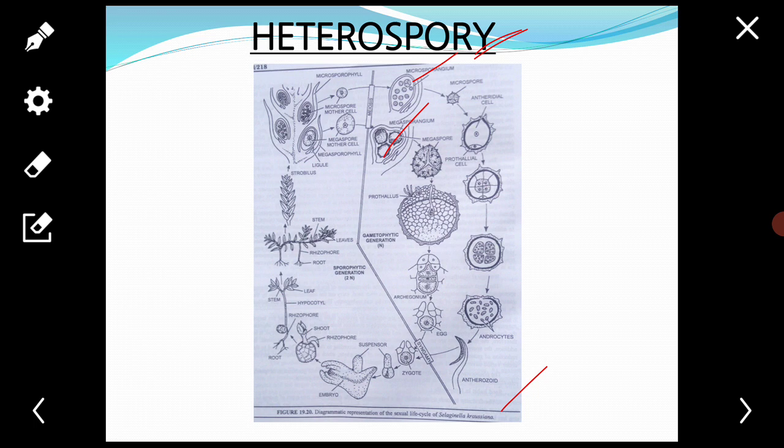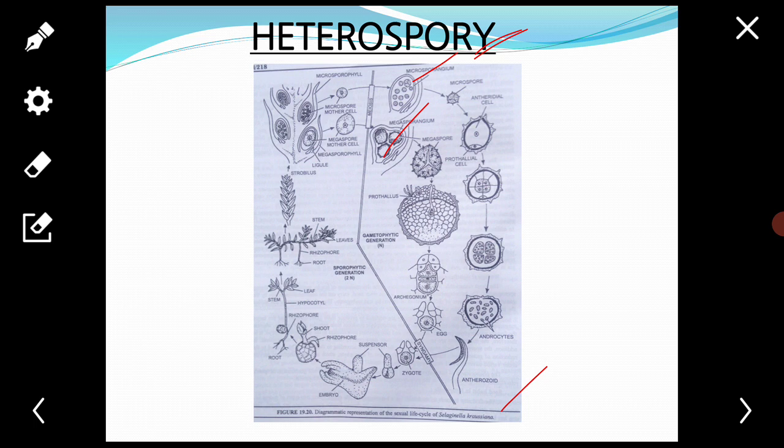The initial development of each kind of spores inside the sporangia is the same, but the difference starts with the formation of spore mother cells. As soon as the formation of spore mother cells starts, differences also start.